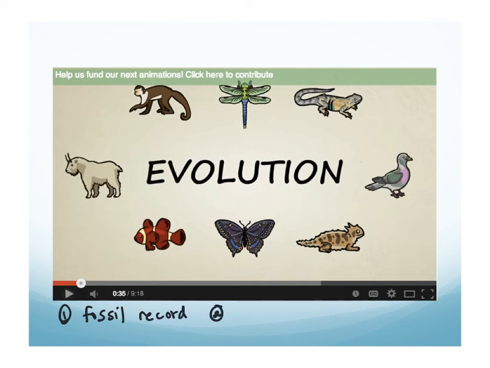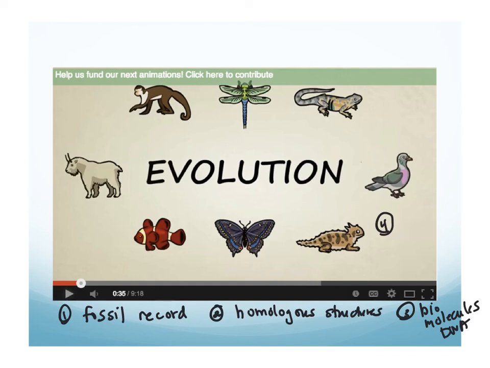Number two, homologous structures. Number three, biological molecules, such as DNA. And then lastly, number four, embryonic development.